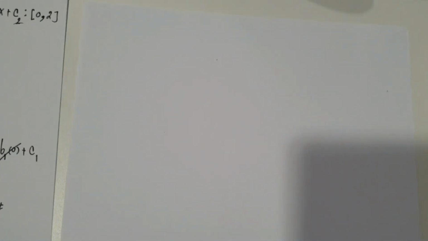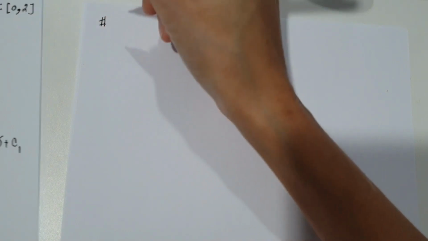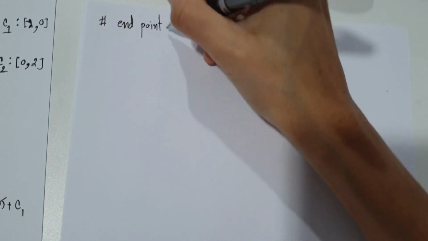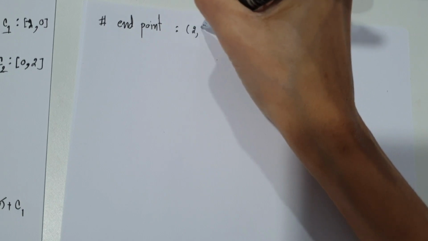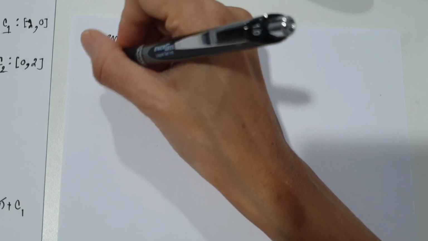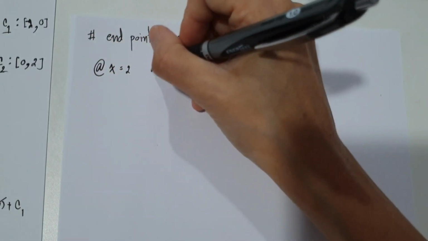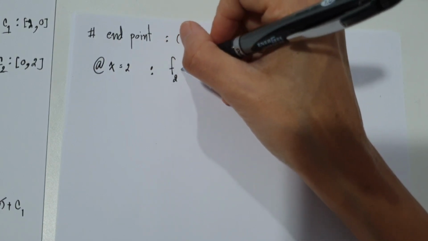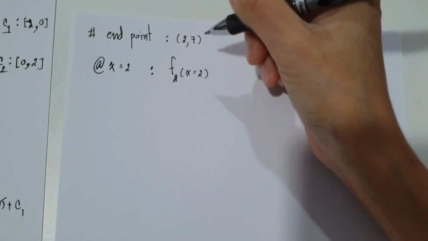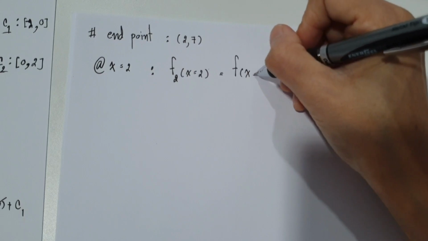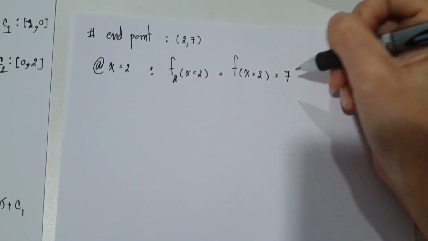And for the next condition, we create it from the endpoint. The endpoint is at x equal to 2, y equal to 7. So at the endpoint, at x equal to 2, we get the function f2(2) equal to f(2), which is 7.